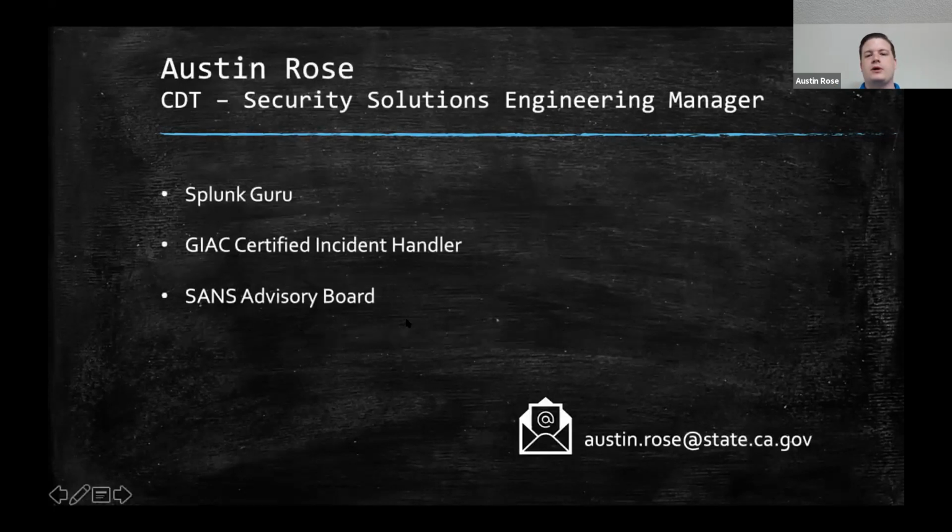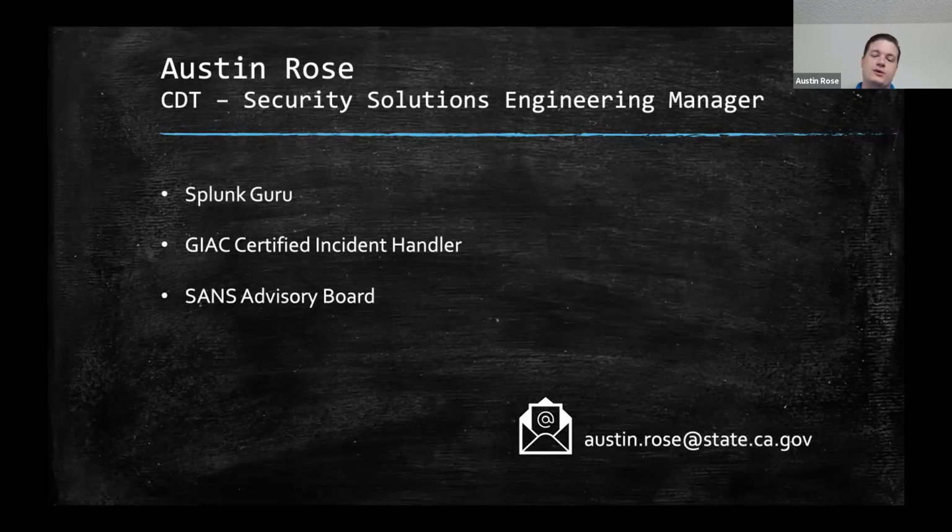All right, so I already introduced myself. I am the chief Splunk guru at Department of Technology at the moment. I did the primary architecture and design for our Splunk self-managed AWS environment. And so we are currently running a multi-site cluster up in the cloud, and we've seen a lot of good success with that.